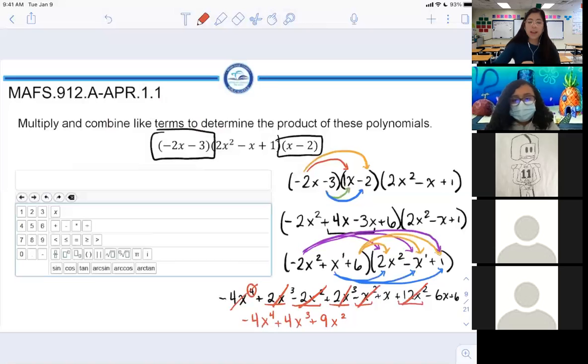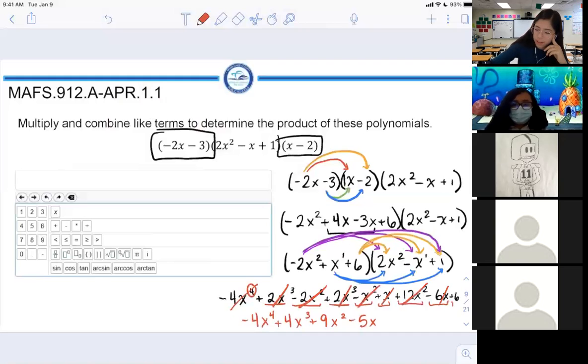Okay, now just my x's alone. I have x minus 6x. What's 1 minus 6? How many x's do I have? 1 minus 6. Good, it's negative 5.